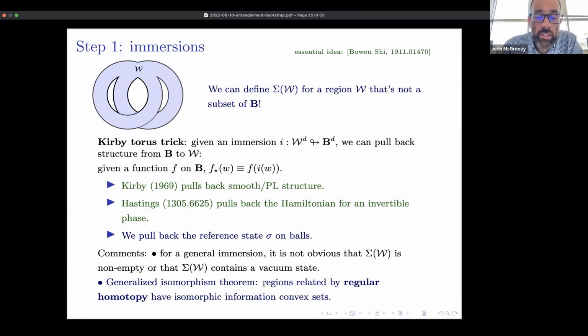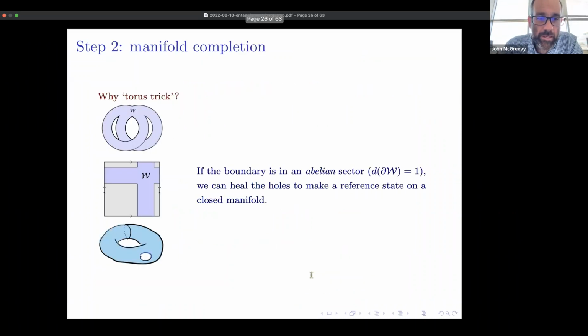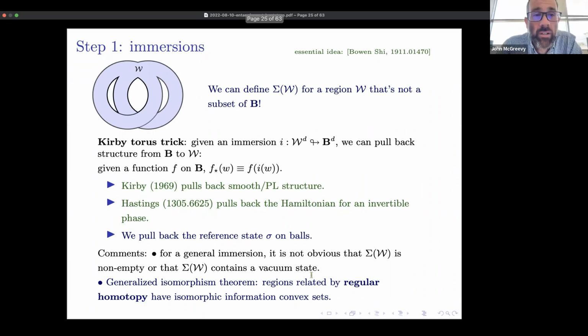That is, regions that are related by regular homotopy, that is a homotopy where each map in the family is also an immersion, have isomorphic information convex sets. So the same statement that the information convex set is independent of the topology of the region applies if you deform it through immersions. So the regions are allowed to overlap with each other. This shows, for example, that the information convex set of a knot is the same as the information convex set of a solid torus for any knot.